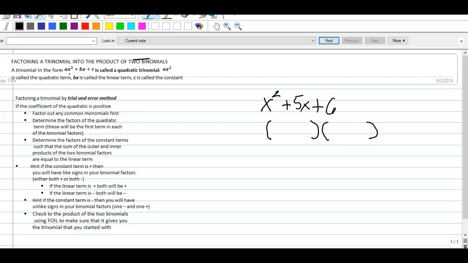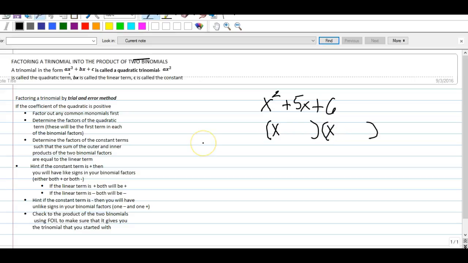Then we're going to determine the factors of the quadratic term. Well, my quadratic term here is x squared, and the only way that I can factor x squared is x and x. So if the coefficient for your quadratic term is 1, then that simplifies things tremendously, because that factors into simply x times x, which is x squared.